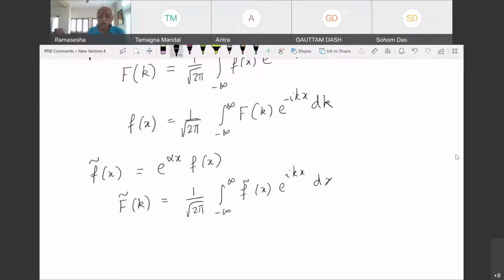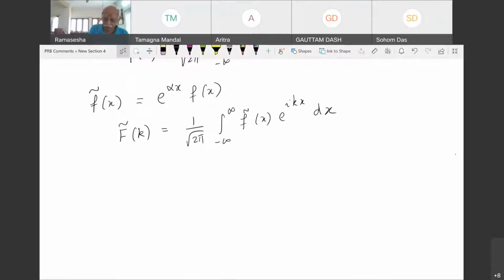Okay. So now when you do this, let me substitute for f tilde: integral minus infinity to infinity f of x e to the ikx e to the alpha x dx.